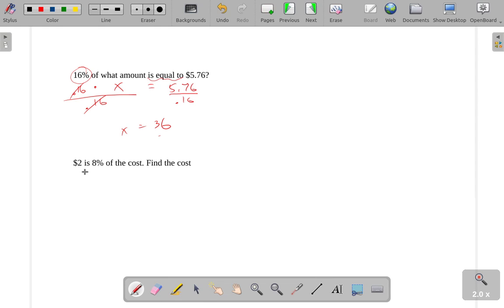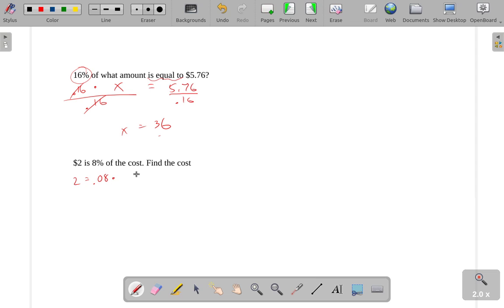Alright, if I say $2 is, so $2 equals, notice I didn't even have to read the whole thing before I start translating. I did $2 is 8% of the cost. So 8% is 0.08, because I had to move my decimal place 2 places to the left there.